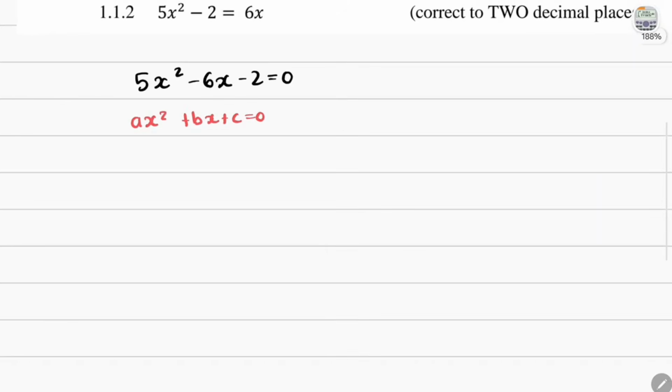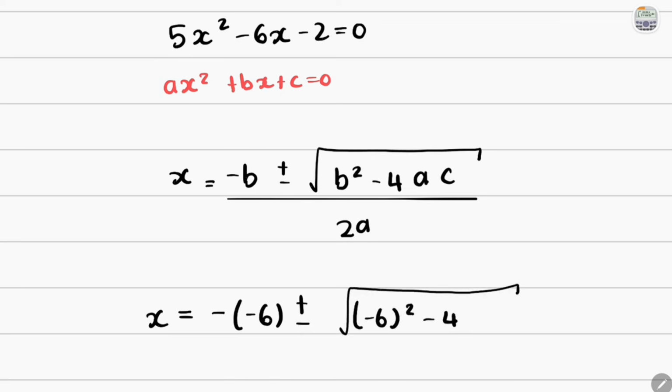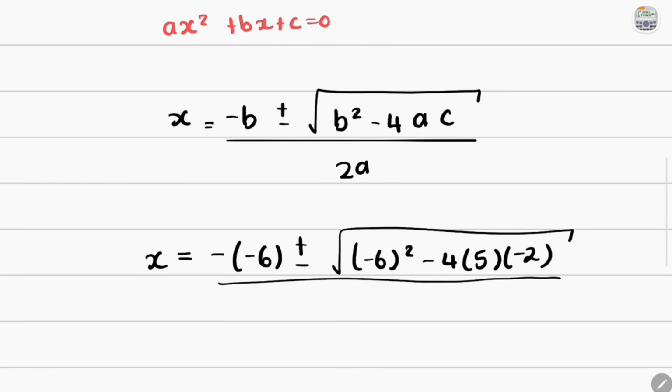Okay, so here's the quadratic formula, and this will help us to solve for x. So we have negative b, and b is -6 as we can see, so we'll say -b is 6 plus minus the square root of b squared, -6 all squared, minus 4, and a is 5 while c is -2, so times -2, and then all over 2a, so 2 times 5.